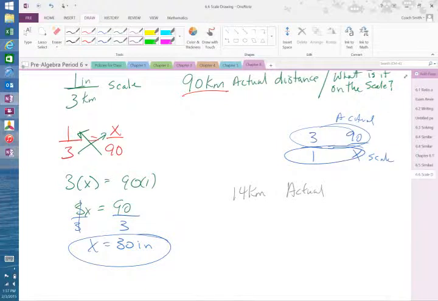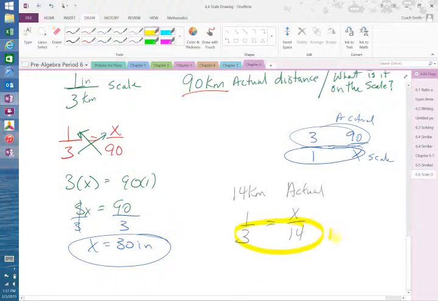And I want to know on the map how far that should be. Okay? Well, then you just simply go here, and my ratio is 1 over 3, so it gives me x over 14. Okay? Once again, this is my actual, and this is my scale.